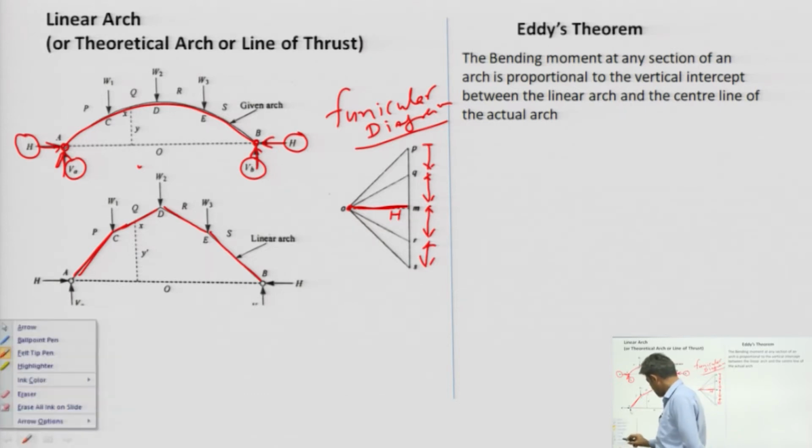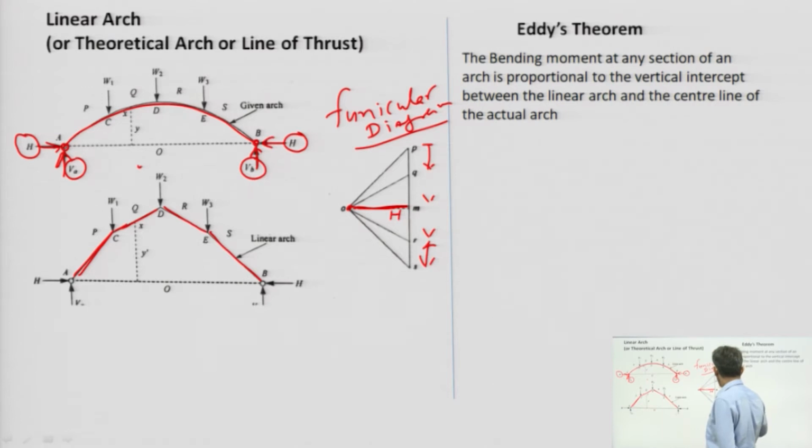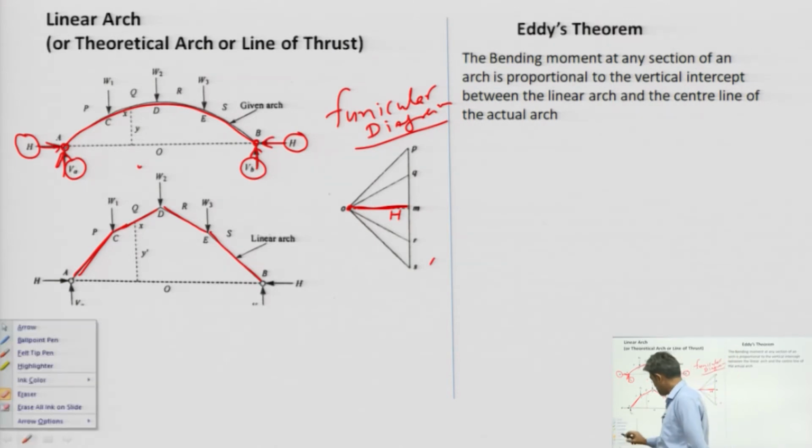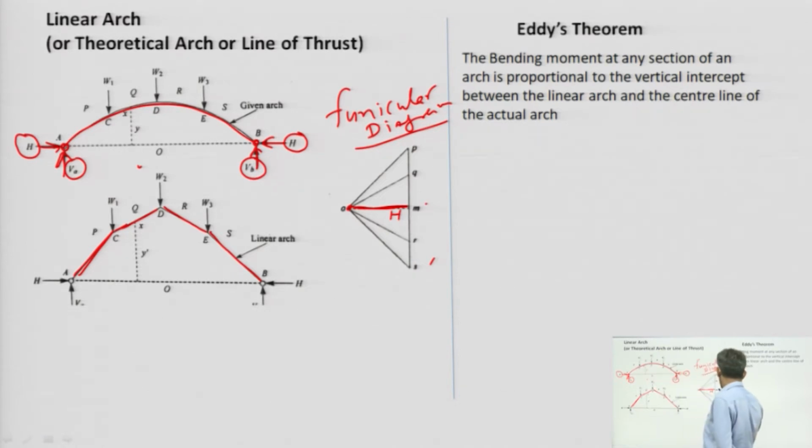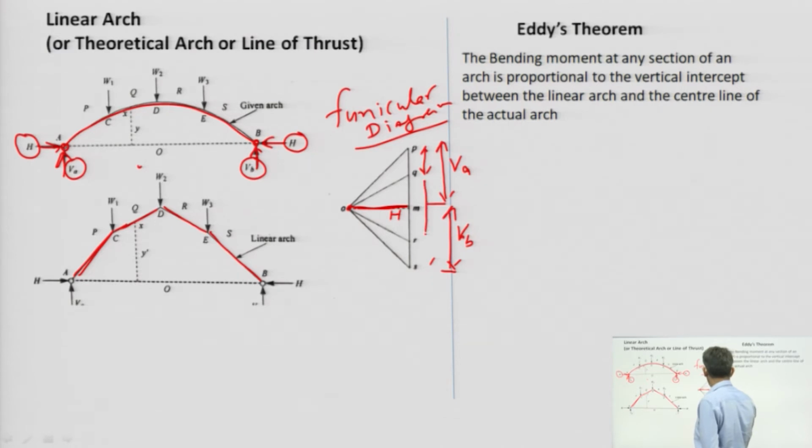This is VA, and this is VB. This line will represent the loads W1, W2 and W3.